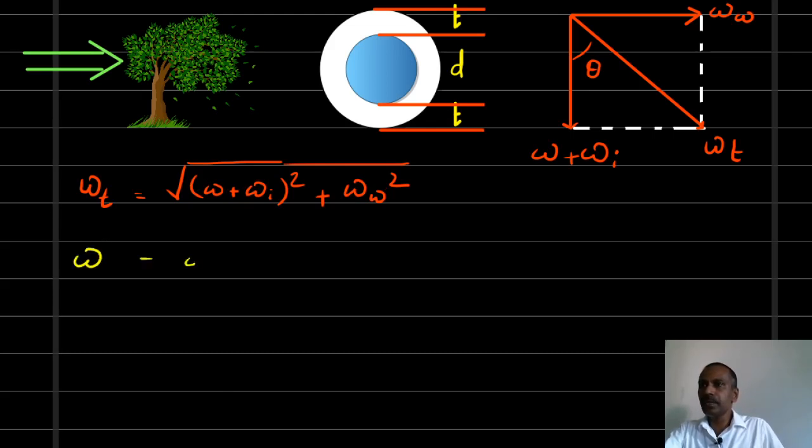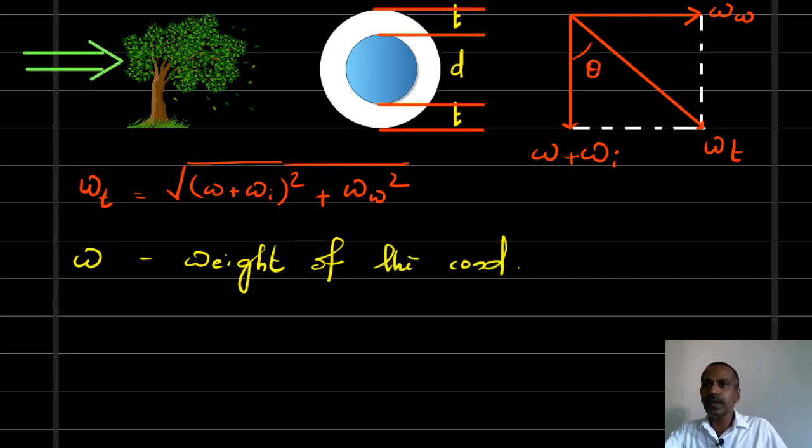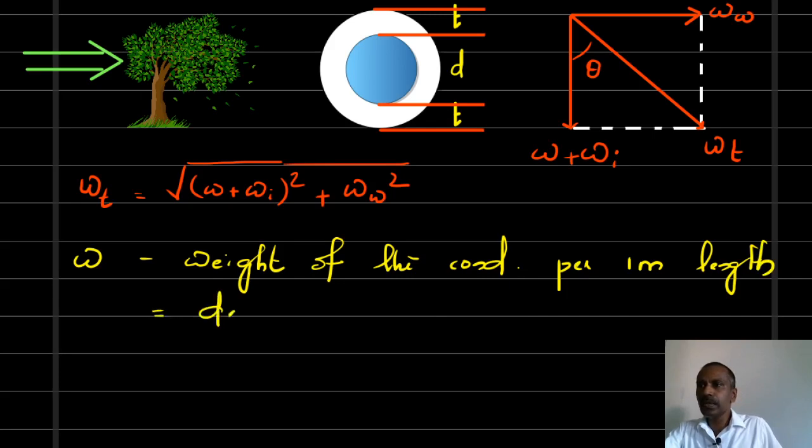W is the weight of the conductor per unit length, per 1 meter length, because we consider the conductor of 1 meter length. As you know, weight is equal to the density of the conductor material into volume.